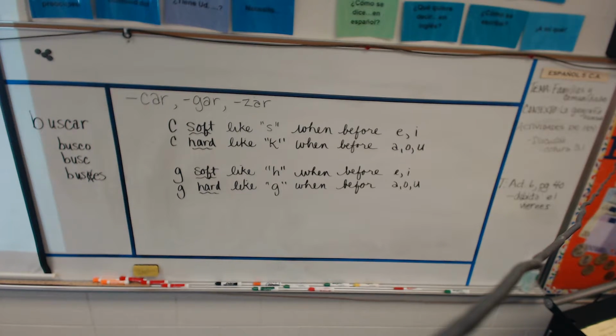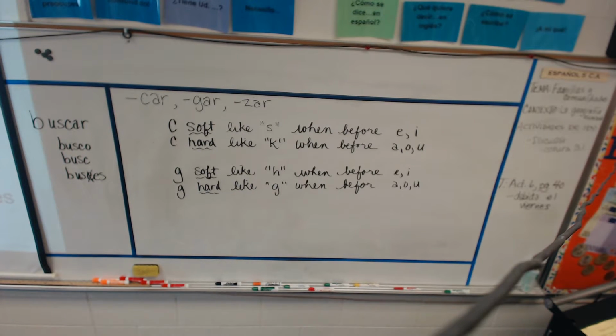No pagues con dinero en efectivo. Don't pay with cash. No pagues. And a SAR verb, the Z will change to C. Empezar. No empieces. Okay? This is a stem changer too.